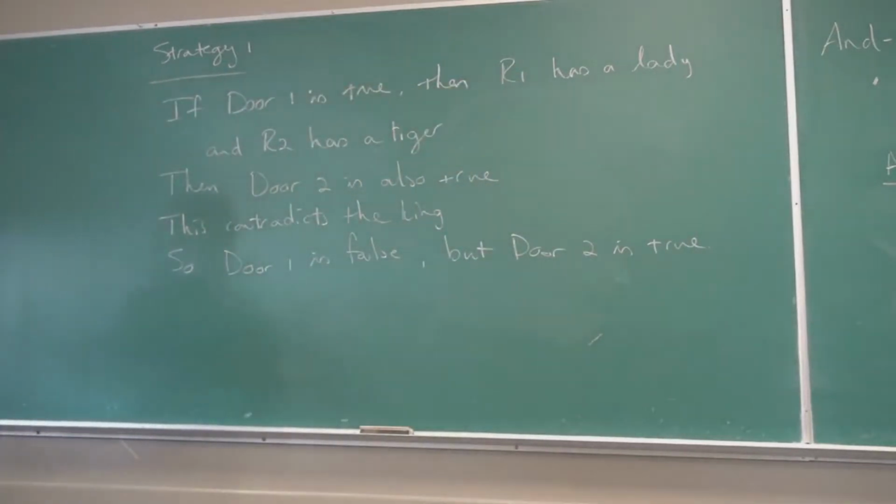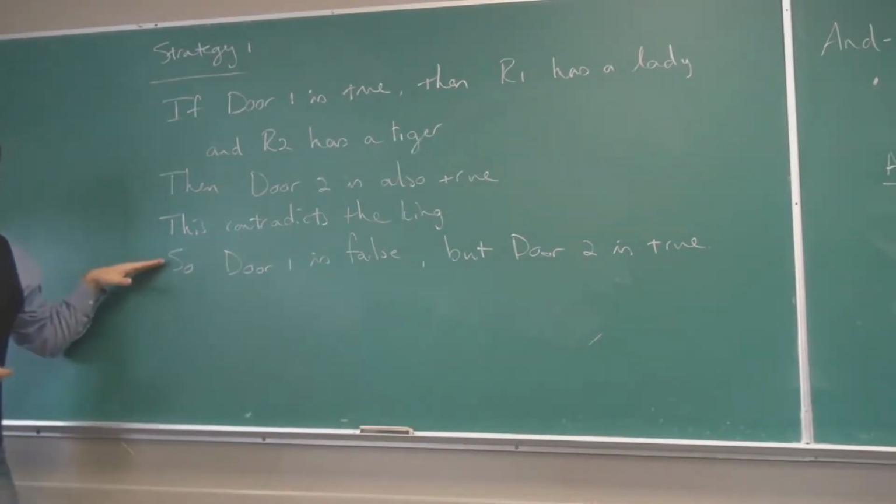So if it's not door 1, it has to be door 2. Stop me at any time if you're not following what's happening. This strategy is much more difficult to follow, but it is a deductive reasoning that we're doing.